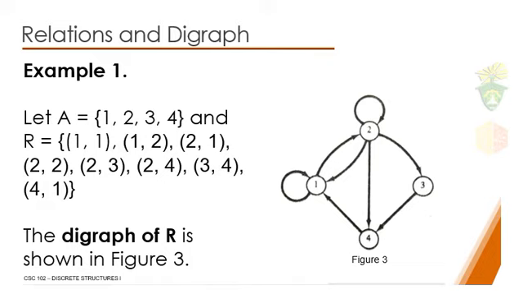Yun sa tuod na. So, notice the elements of A. We have upat. So, sa ato pong digraph, makakita po ta og upat ka vertices. So, we have 1, 2, 3, and 4. So, the number of vertices depends on the number of elements of the given set.